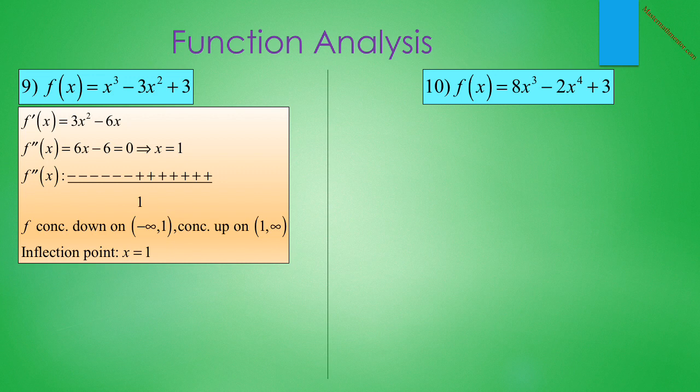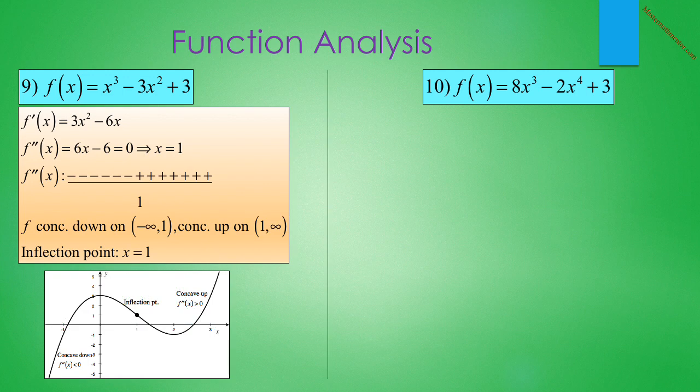That means that x equals 1 is an inflection point. The graph confirms our answer. Notice that at x is equal to 1, we do not have a stationary inflection point, as it's clear that the first derivative is not 0 there.